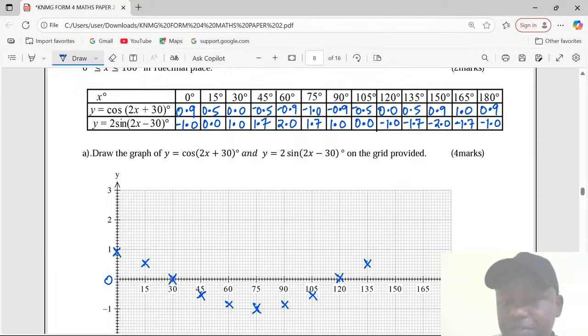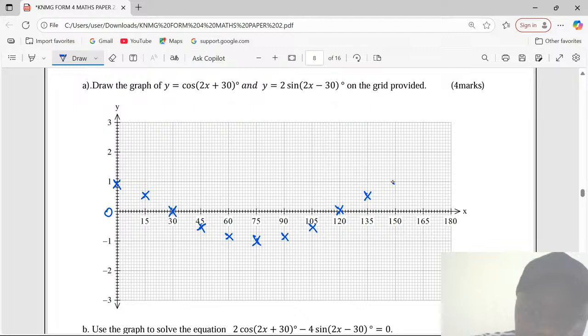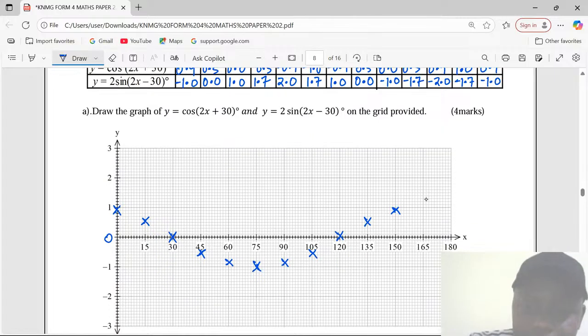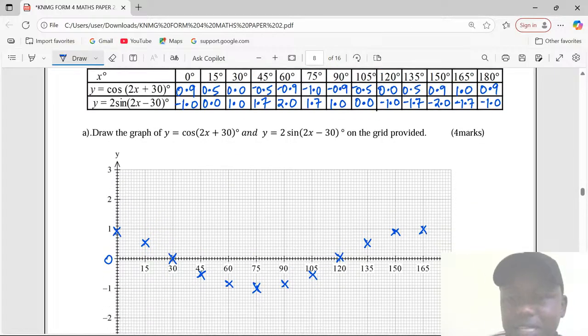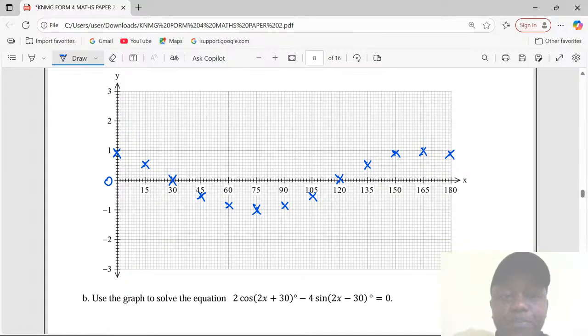Then 150 with 0.9 positive, just before 1. 165 with 1.0. Then 180 with 0.9. So we have the coordinates plotted.